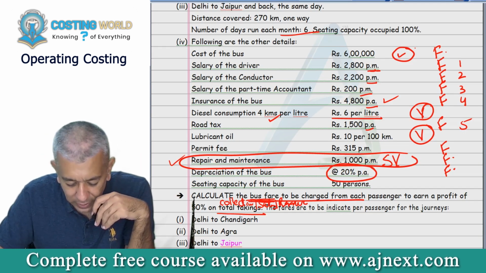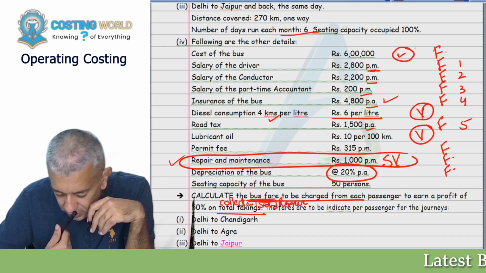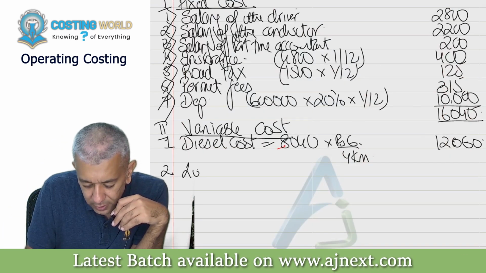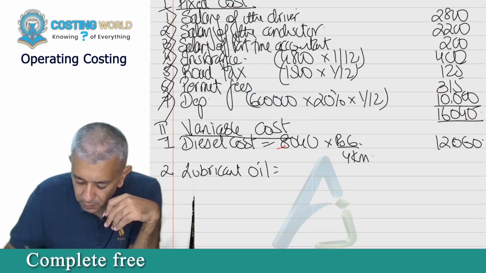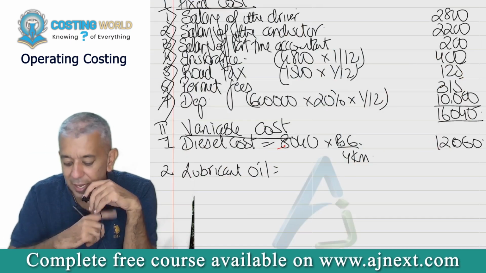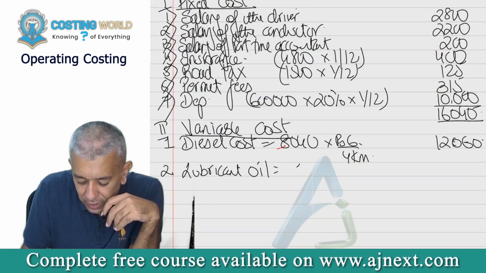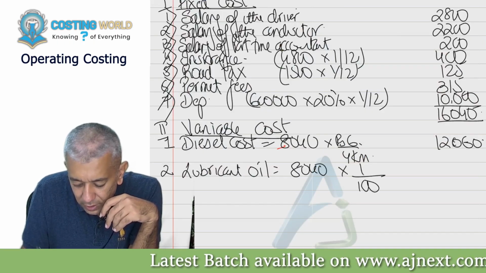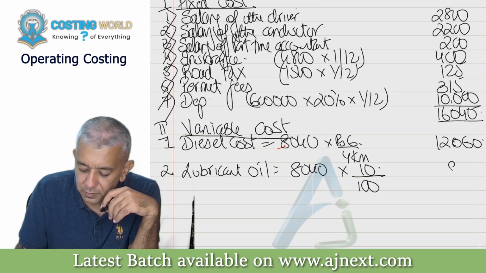Second in this particular case is going to be lubricant oil. So write down lubricant oil. So lubricant oil in this particular case is going to be 10 per 100 kilometers. So therefore 8040 divided by 100 into 10. 804.